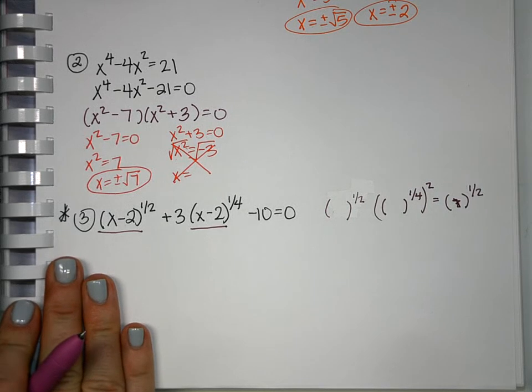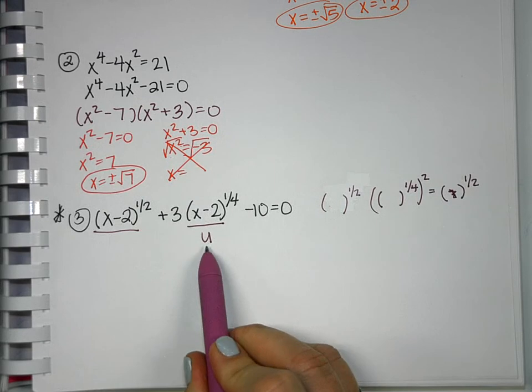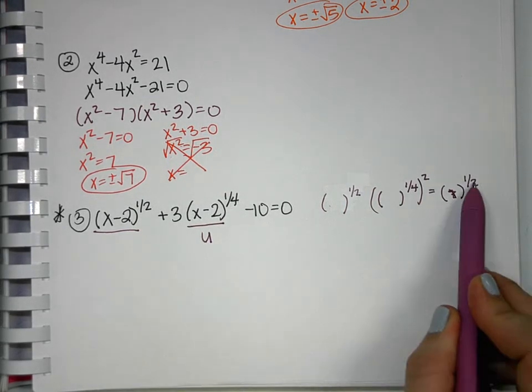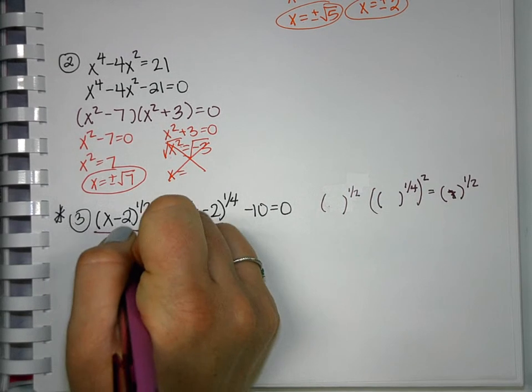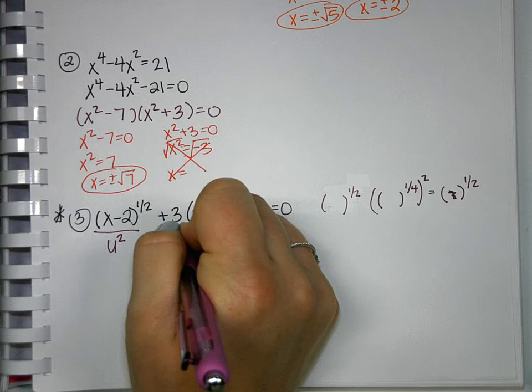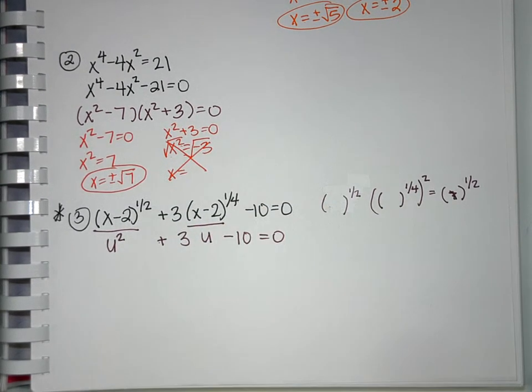So if you're going to do this substitution, I would call this u, and knowing that when I square a 1/4, I get a 1/2, I can call this u squared. So if I plug in every other coefficient, I'm left with this polynomial.